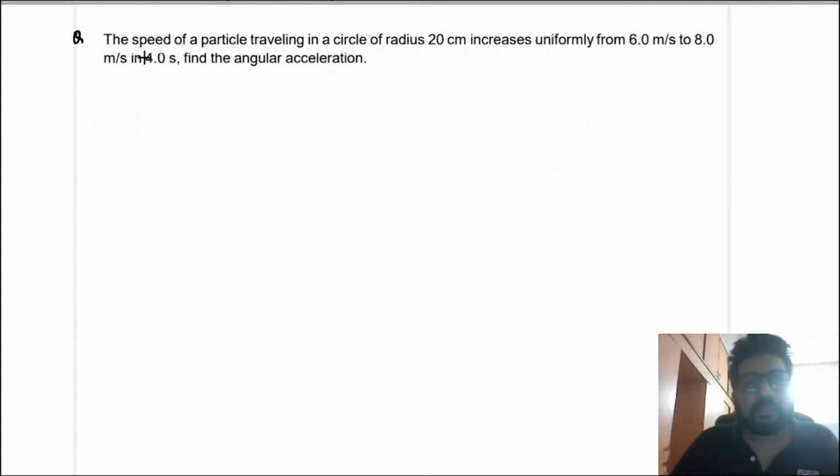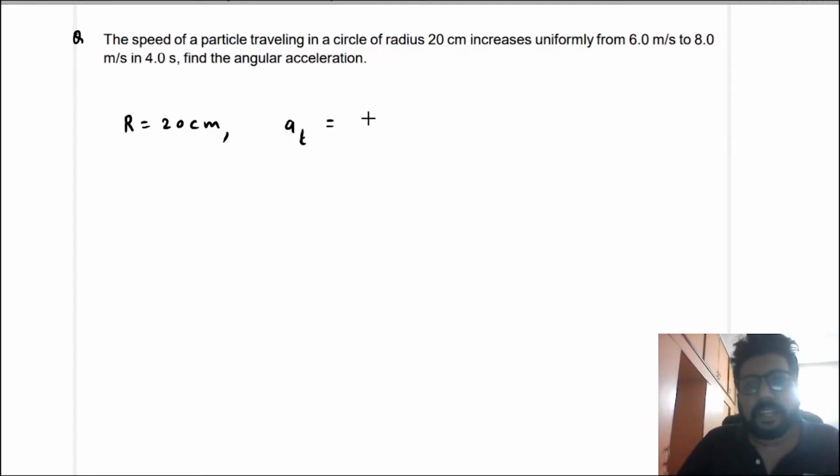Now let us do some simple problems first. The speed of a particle traveling in a circle of radius 20 centimeter increases uniformly from 6 to 8 in 4 seconds. Then find the angular acceleration. So this is a very simple question. The radius is 20 centimeter and the speed increases from 6 to 8 in 4 seconds.